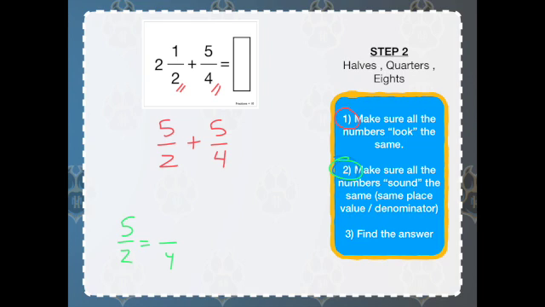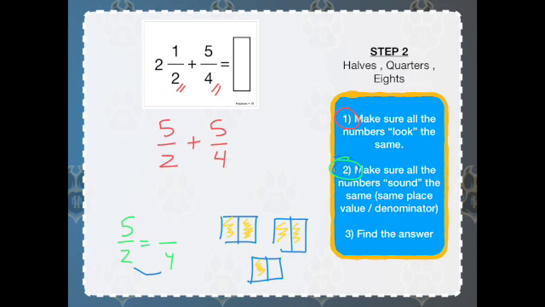Again, students might have already built an understanding of how to compare halves and quarters using their relationship, their multiplication and division. But if they don't, it's still completely appropriate for them at this point to represent these numbers using pictures. So I've broken up whole numbers into halves, and I'm just going to represent 5/2. And now I want to change all of those rectangles into quarters.